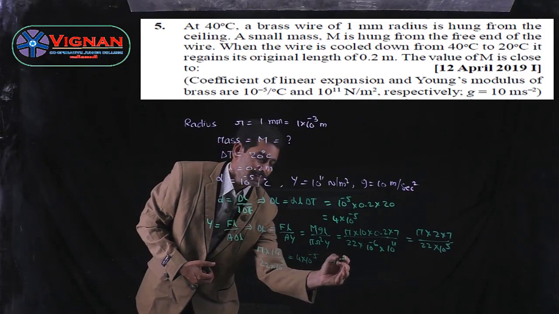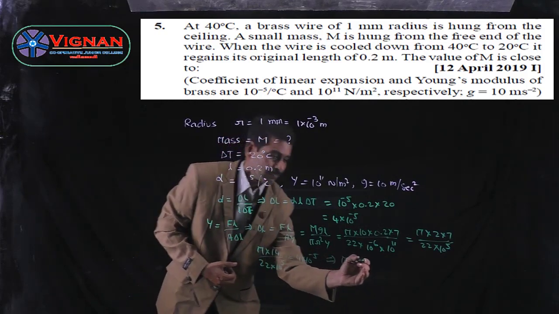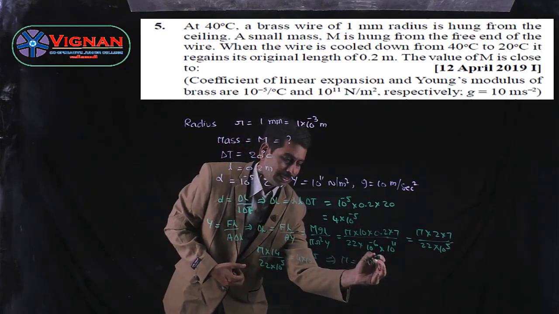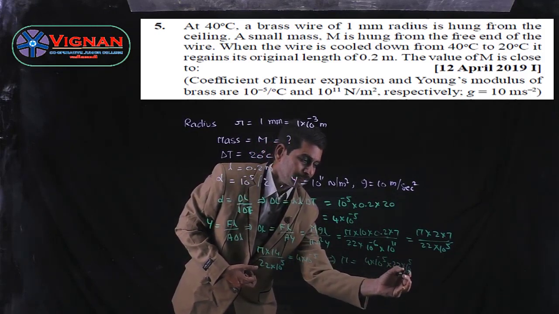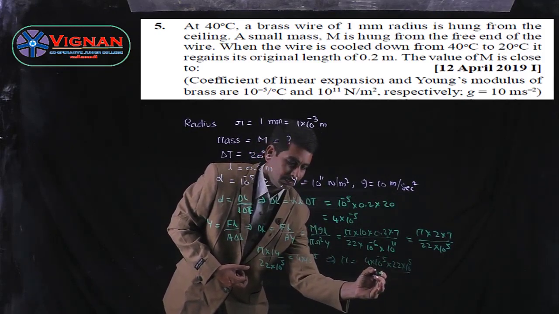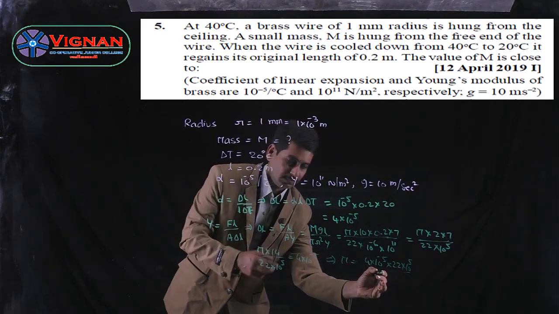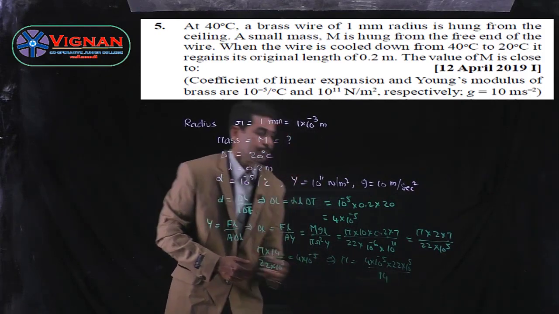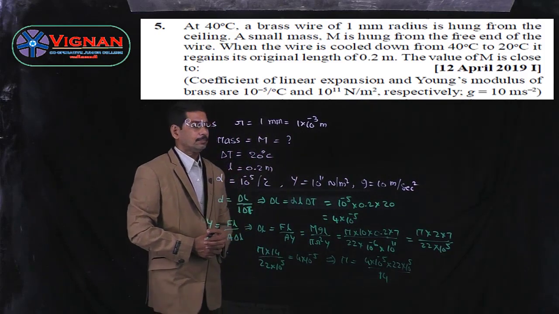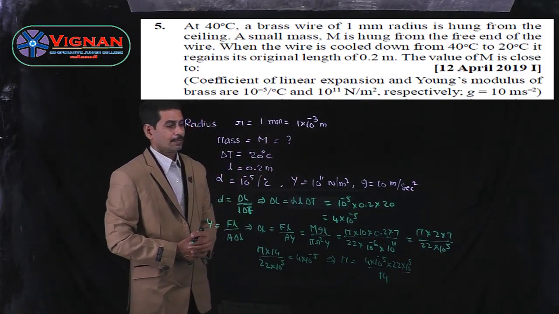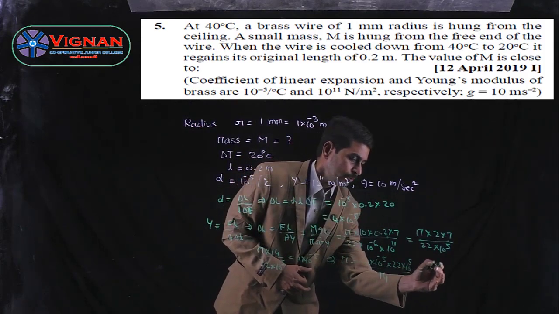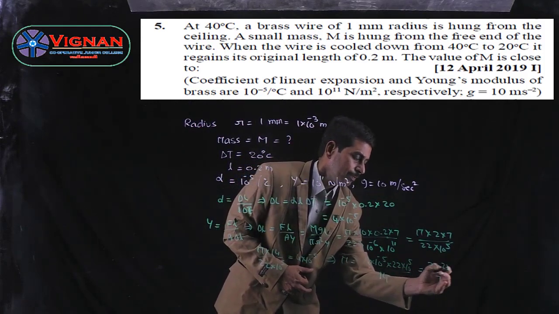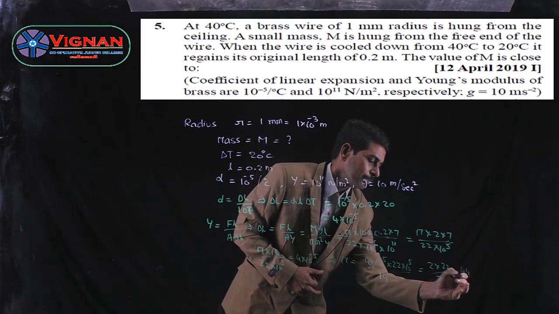So from this, m is equal to 4 into 10 power minus 5 into 22 into 10 power 5 divided by 14. By cancelling with 2, this is equal to 2 into 22 by 7, that is nothing but 44 by 7.